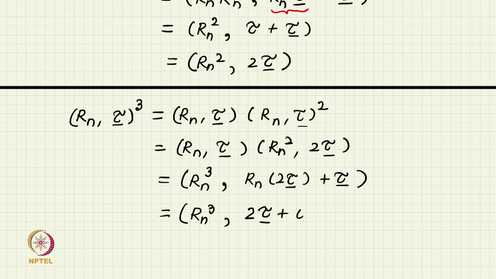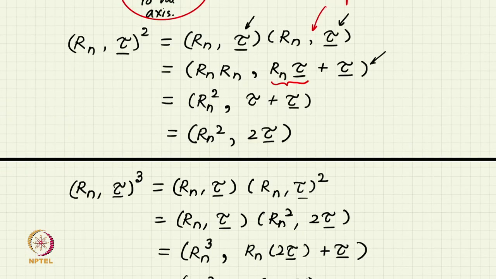So, I get 2 tau plus tau, which gives us Rn cube 3 tau.